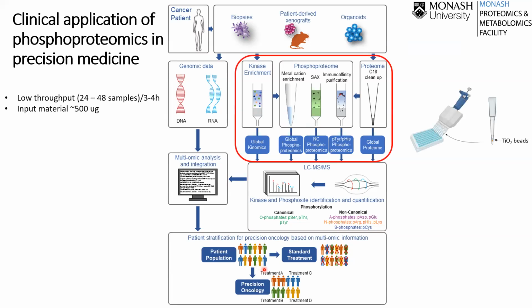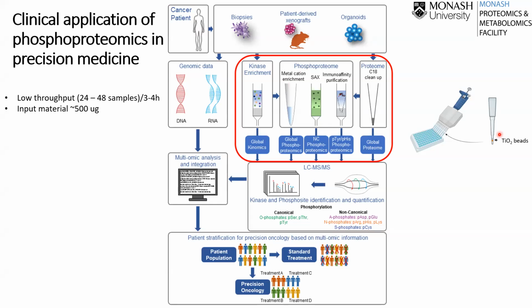As I mentioned earlier, there are a few ways to enrich for the phosphoproteome, and if we are interested in kinases more specifically, we can enrich for kinases before enriching for the phosphoproteome. The most common way that most people are using nowadays is called metal cation enrichment, and one of the most common ones uses titanium dioxide beads.